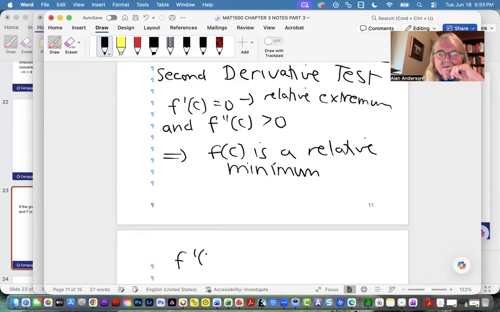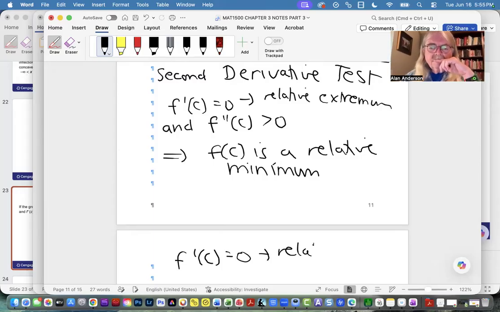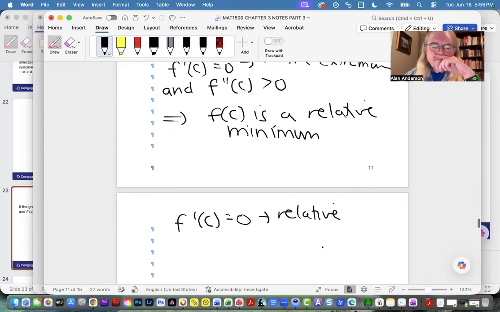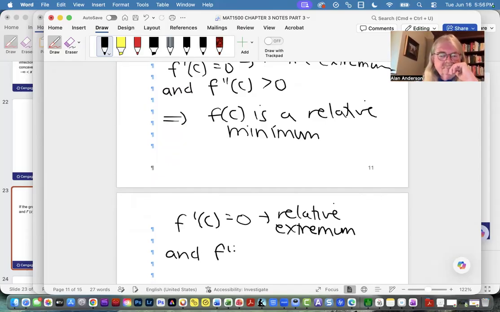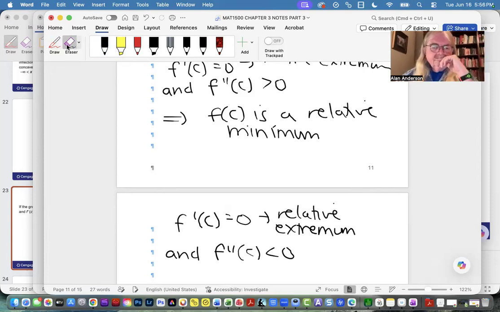Down here, if we know that the second derivative is negative, obviously it's backwards.